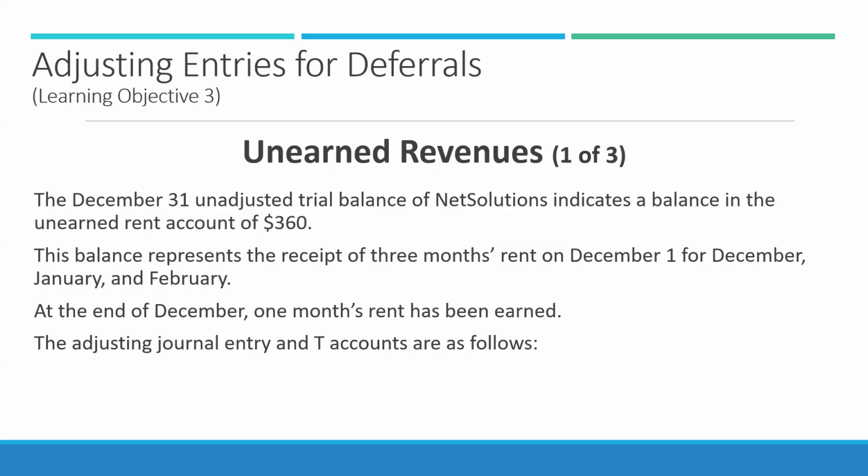So we need to create a journal entry to show $120 of this unearned rent revenue is no longer a liability, it's now rent revenue, right? Do I need to say it a little different? Am I confusing you?